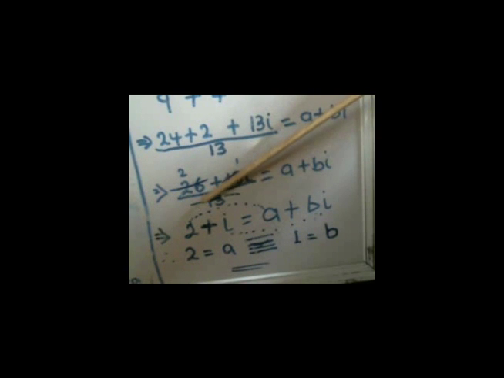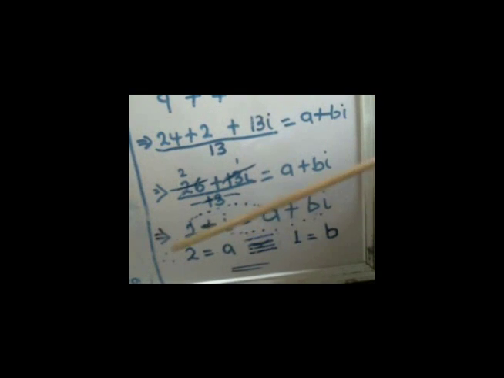So we say 13 into 26 will give us 2. 13 into 13i will give us i, because the 13 will cancel out, give us 1, we're left with the i. So now we have 2 plus i is equal to that expression a plus bi.